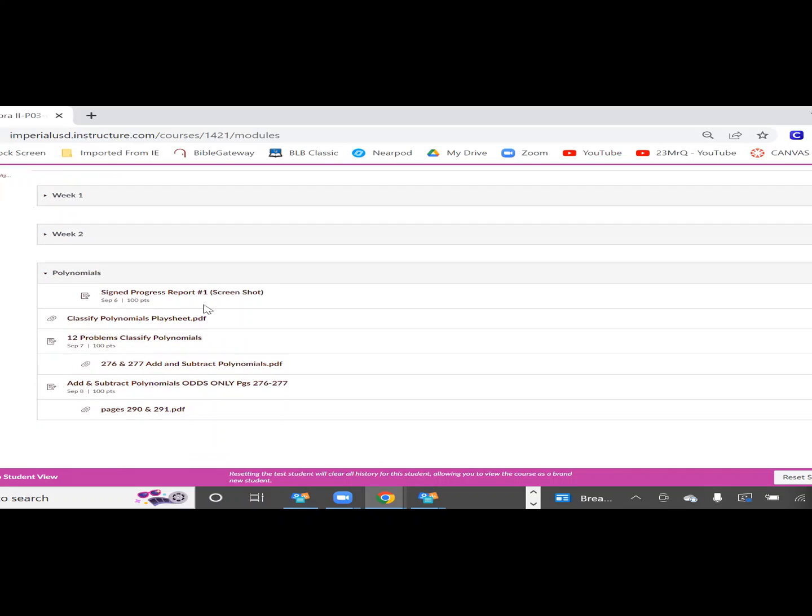And now we are in what module? Polynomials. In there, you're going to find all that we've been doing so far. The ones that have a paper clip are attachments, which are the play sheets that I give you. The ones below that are the assignments. So for today's assignment that you need to turn in at this moment, go to Canvas and turn in add and subtract polynomials right there. And tonight's home play is right below it.